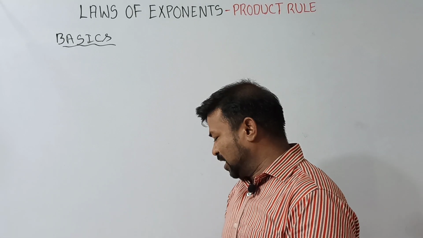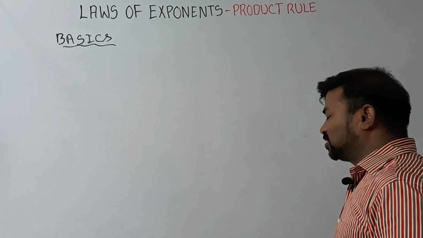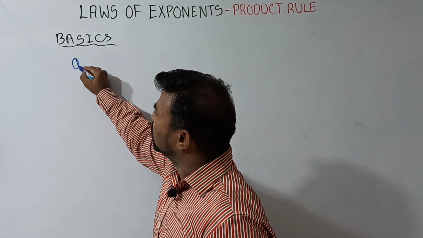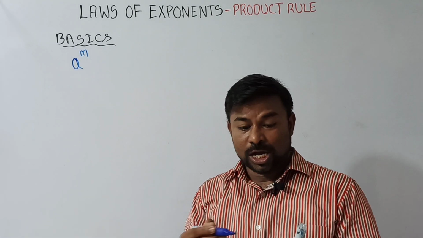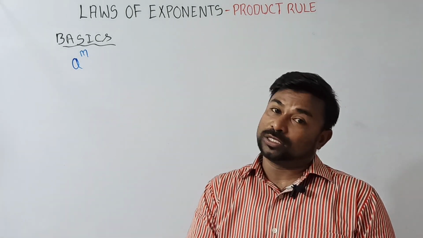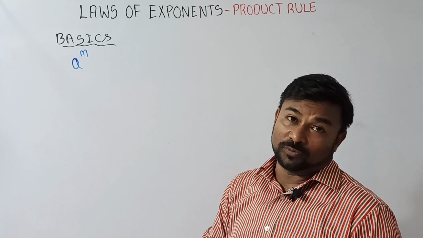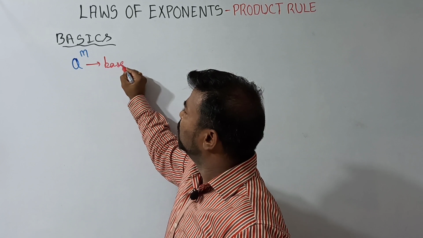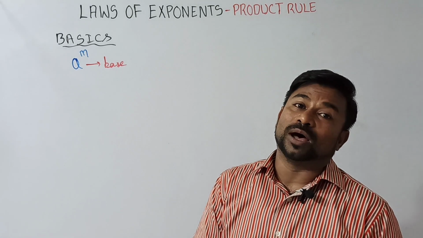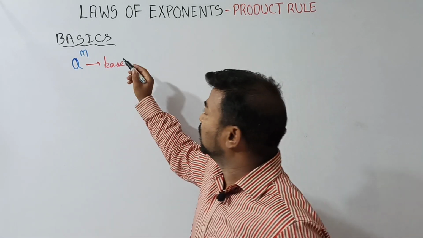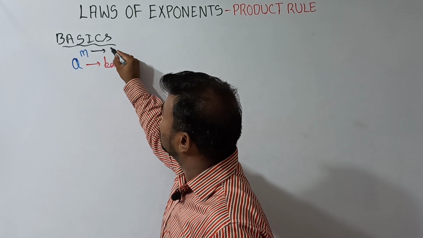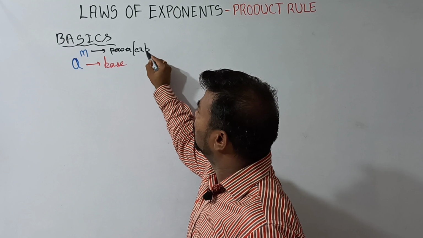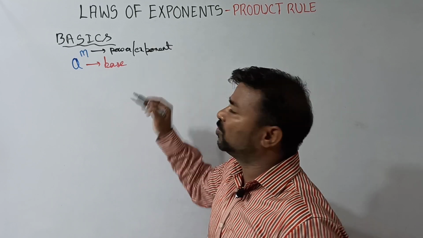If you take an example of a to the power m, the only thing you are supposed to remember at any cost: the bottom one is the base, and the top one is the power, or the exponent. This is the basic thing you have to remember.